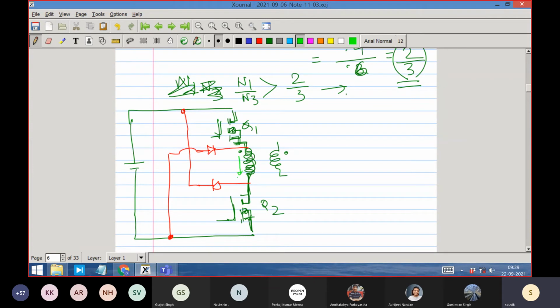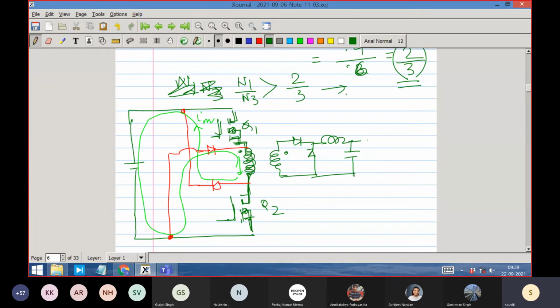Now during off time it will flow like this. This is what the magnetizing current will do during the off time. So this is a two switch forward converter.